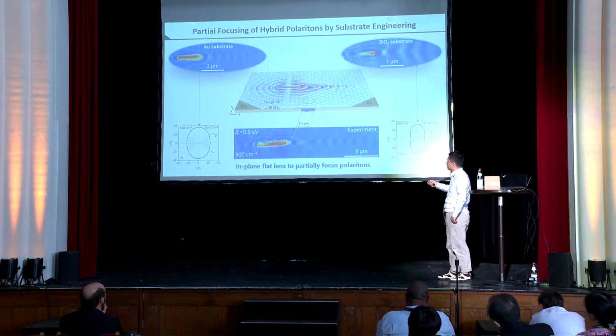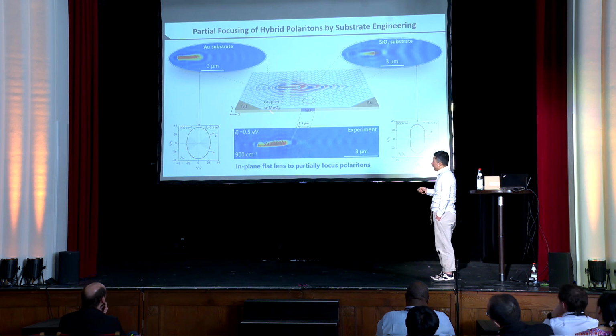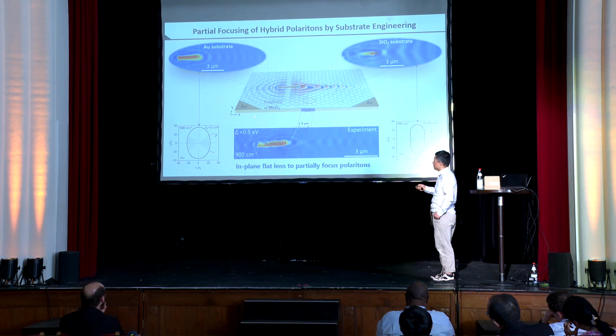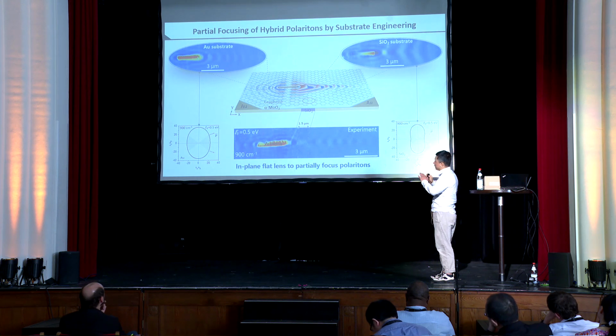And then we put the MoO3 and the graphene on it, and an antenna to launch the polaritons. And you see, because of the significant difference in the dielectric function of the gold substrate and the silicon oxide, the polariton mode on the two different kinds of substrates is quite different.